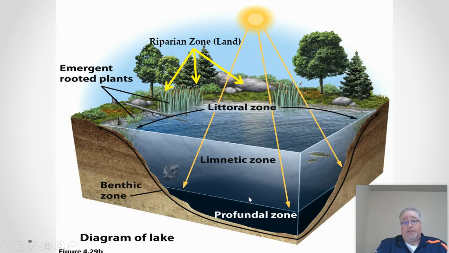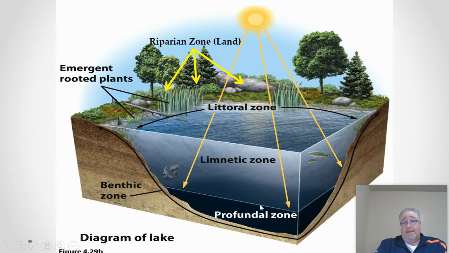It'll go down as far as sunlight will penetrate. There are factors that determine that, like how murky the lake is. But the limnetic zone might go down 25, 30, 40 feet, depending on the type of lake that it is. But eventually, sunlight cannot penetrate past a certain point.